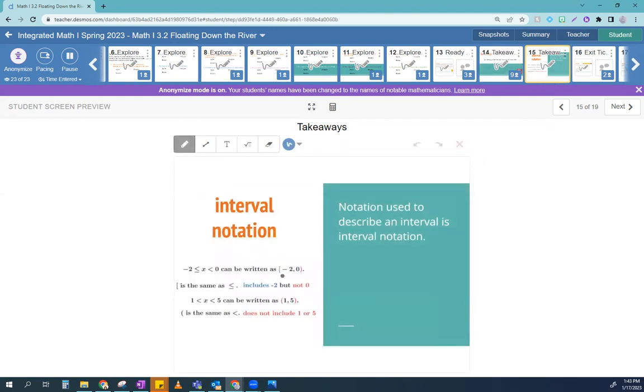Interval notation. Remember we talked about this. Why does this one get a bracket and why does this one get a parenthesis? Look very carefully here. Why does one side get a bracket and one side get a parenthesis? Use your young, observing eyes to figure that out.